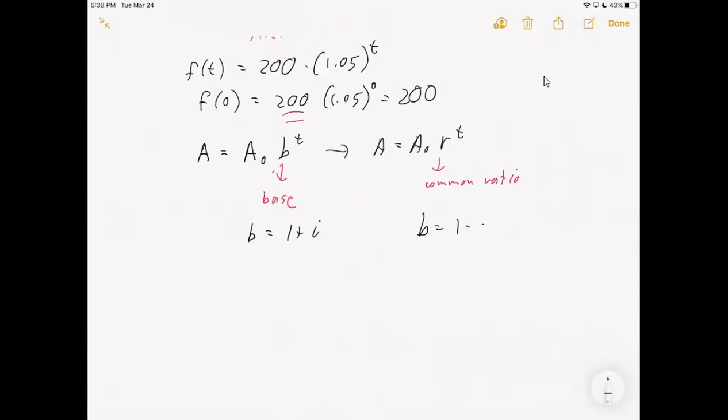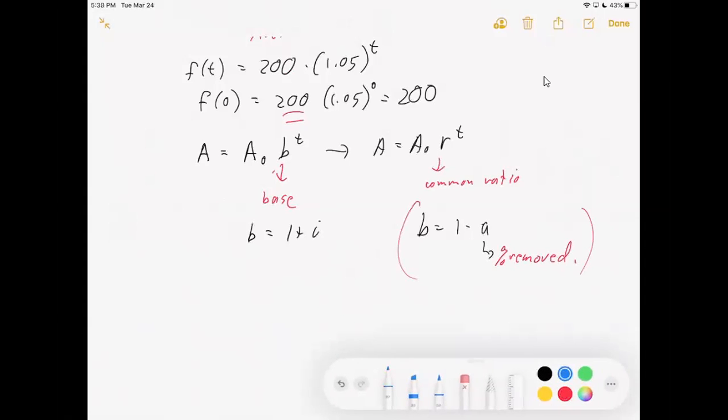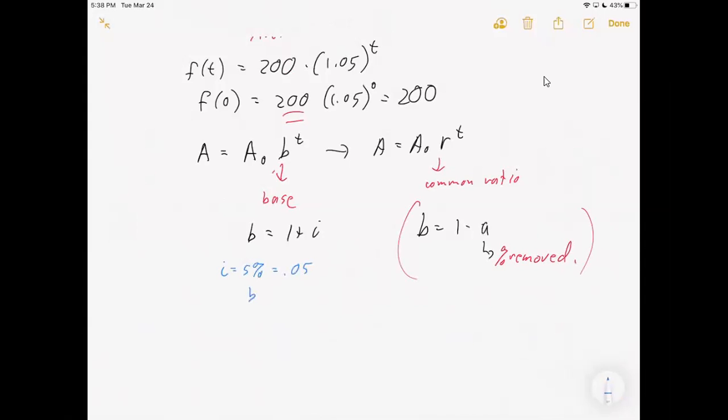I'll just call that little a, and let that be the percent removed. So if 25% was removed, we ended up having 75% left, and b was 0.75. But that was when we were doing medical dosing. So now we're going to be dealing with bases that are bigger than 1. Recall that if the interest rate is 5%, that's 0.05 in decimal form, so the base would be 1.05.